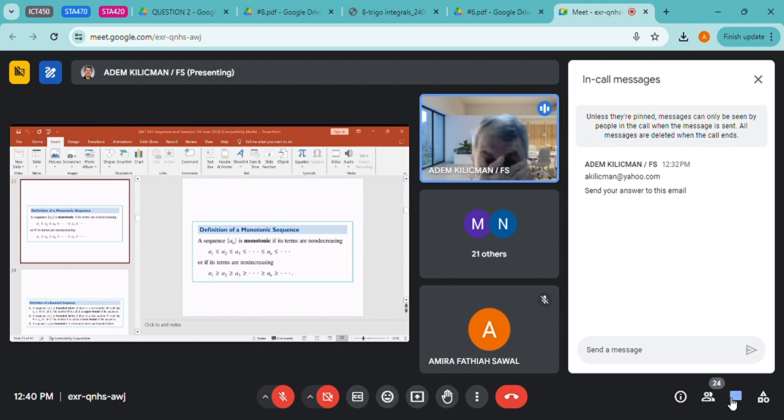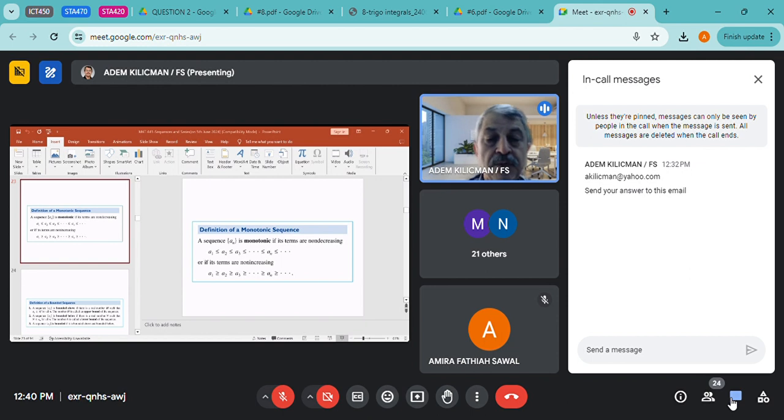And another concept here is bounded above or bounded below. These are the new concepts that you should study in detail. So we call a sequence bounded above if there is a real number M such that the terms of the sequence A_n are less or equal to M for all n.